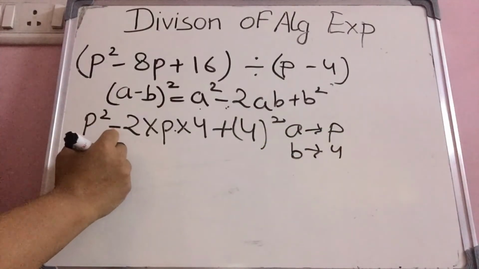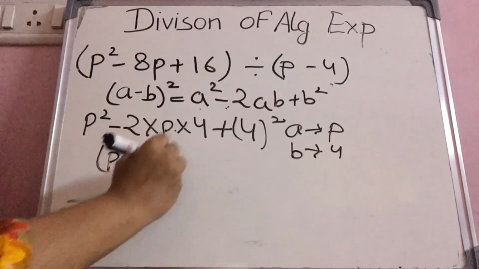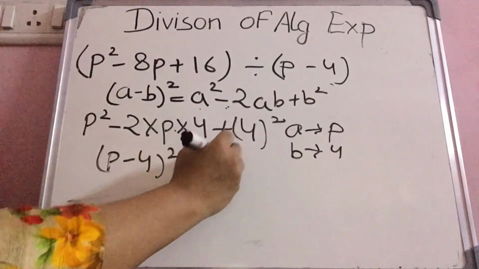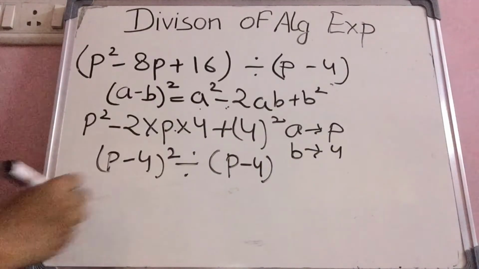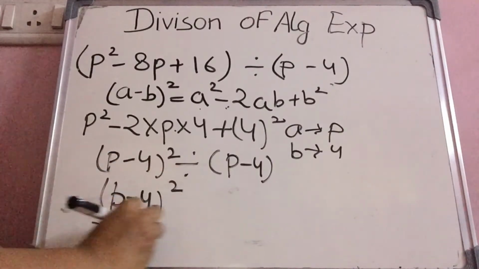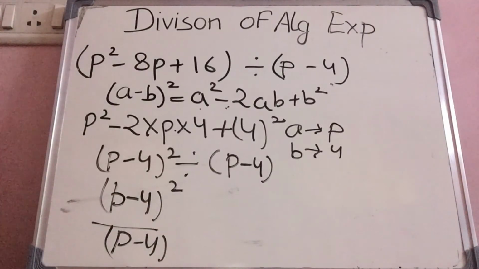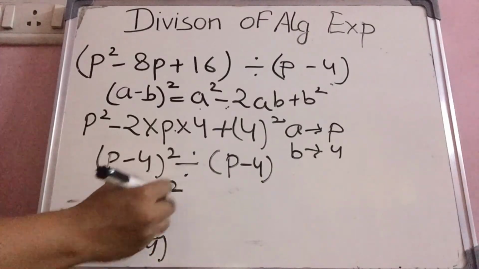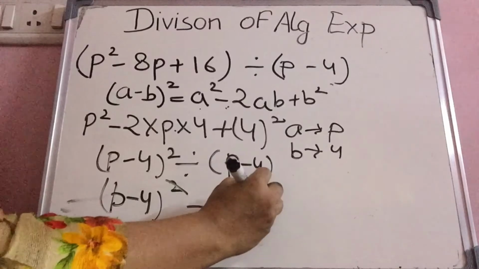So the left hand side will be p minus 4 whole square and we have to divide it by p minus 4. So we can write it as p minus 4 whole square upon p minus 4. For division we have to cancel the common terms, that is one p minus 4. The answer will be p minus 4.